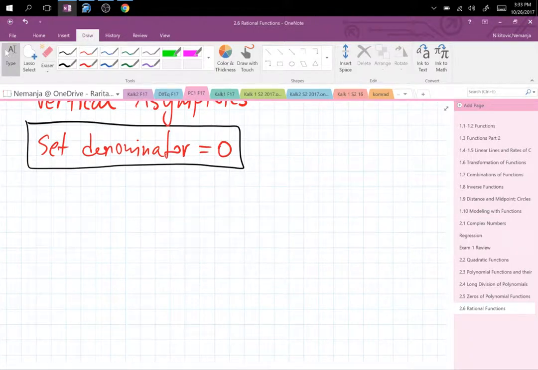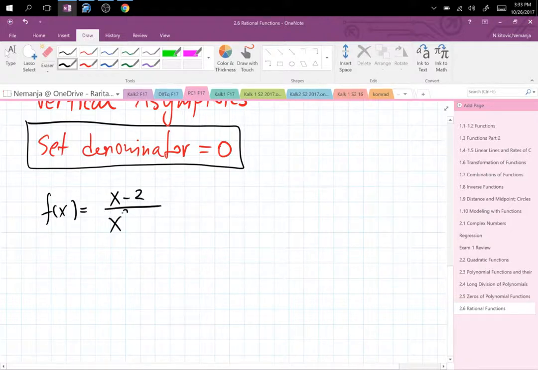So say you have f of x as x minus 2 over x squared plus 1. Sorry, x squared minus 1. We set the denominator equal to 0, we solve it, and we get x equals plus or minus 1.